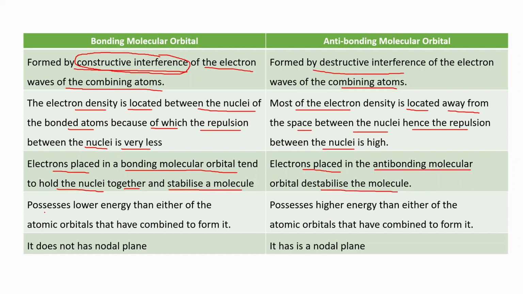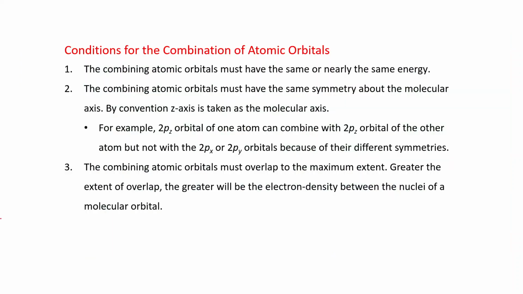A bonding molecular orbital possesses lower energy than either of the atomic orbitals that combined to form it, while an antibonding molecular orbital possesses higher energy than either of them. A bonding molecular orbital does not have a nodal plane, while an antibonding molecular orbital has a nodal plane. These are the differences between bonding and antibonding molecular orbitals.